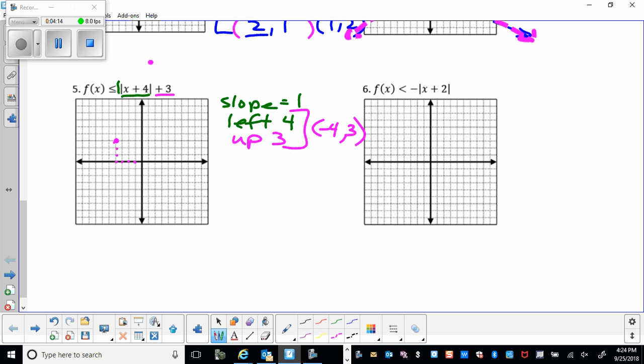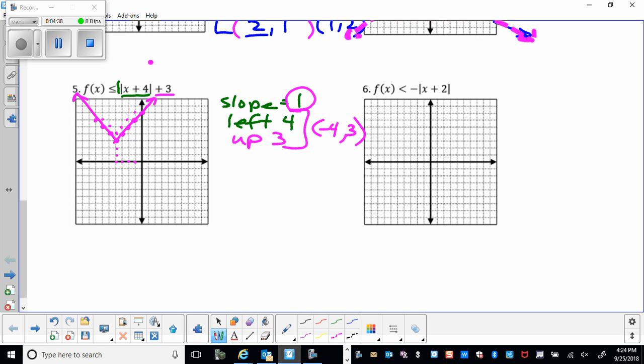That's my vertex. And I know my slope is a positive 1, so I'm going to go up 1 over 1, up 1 over 1, and so on. And then the other side is just going to be a negative slope, so I go up and to the left.